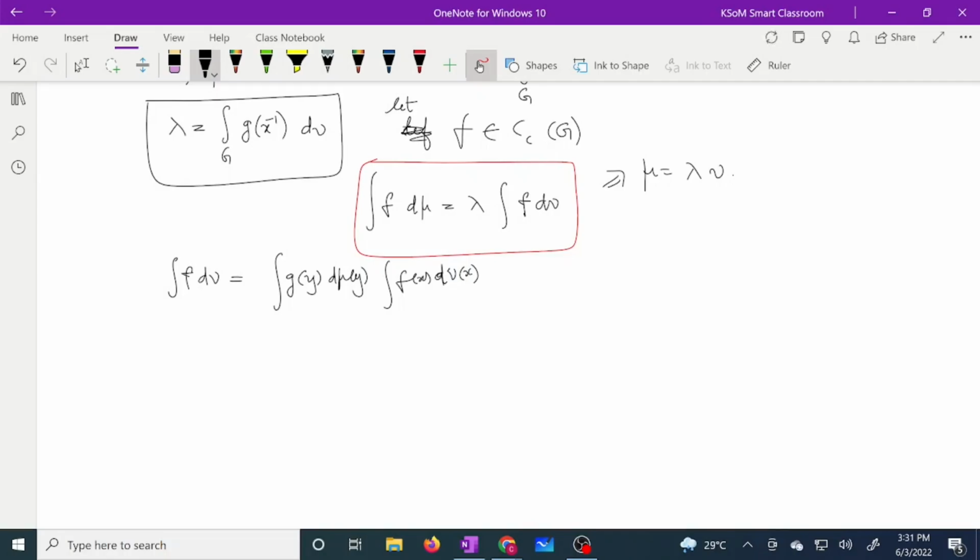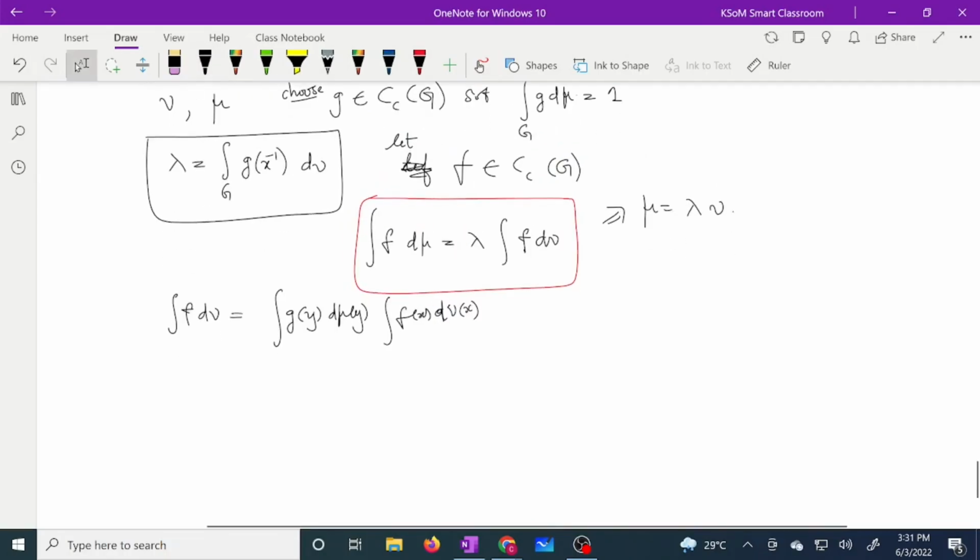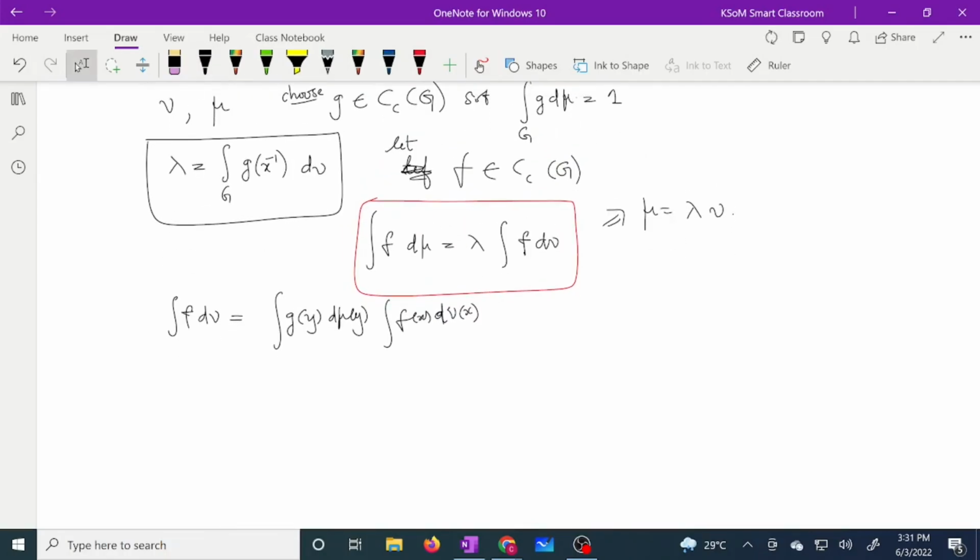Right? The integral of g d mu is equal to 1. So this thing I am just multiplying by 1, basically. So this I can write as, I can do a change of variable. What is this equal to?